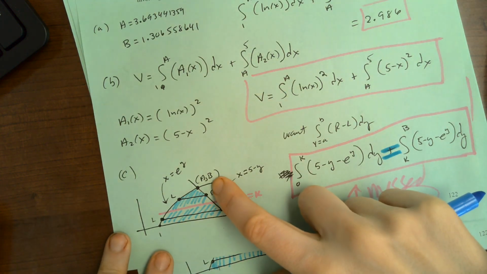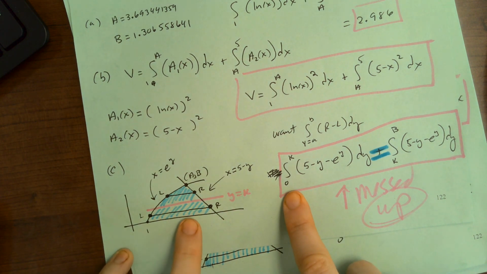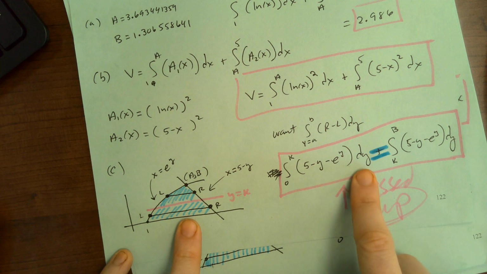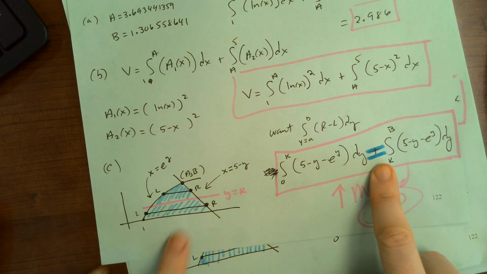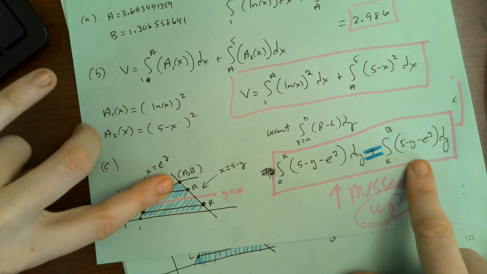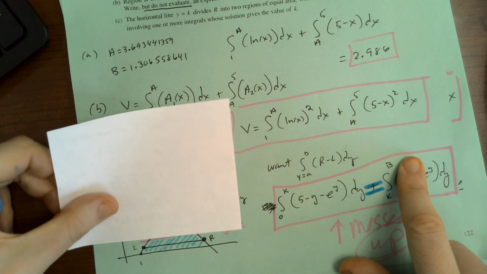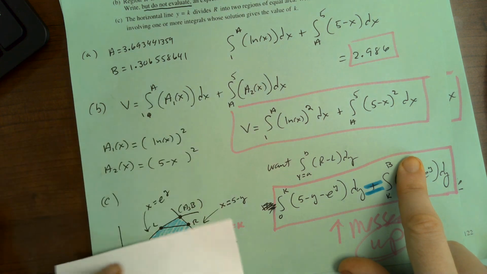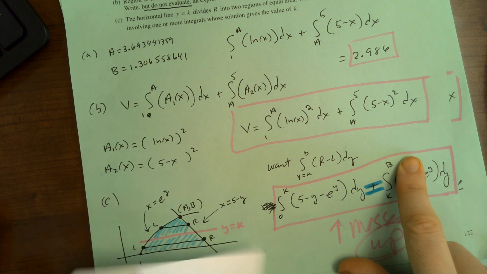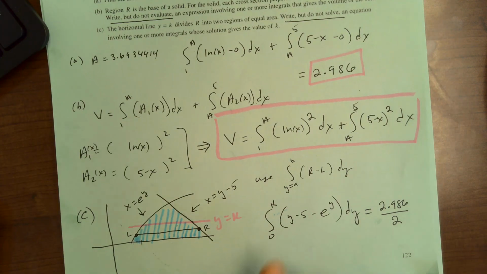So I had that this point was (a, b). Then I did the integral from 0 to k, right minus left, and that's going to be equal to the integral from k to b, right minus left. So I just set this bottom area equal to that top area. That would also work, but this one is much cleaner.